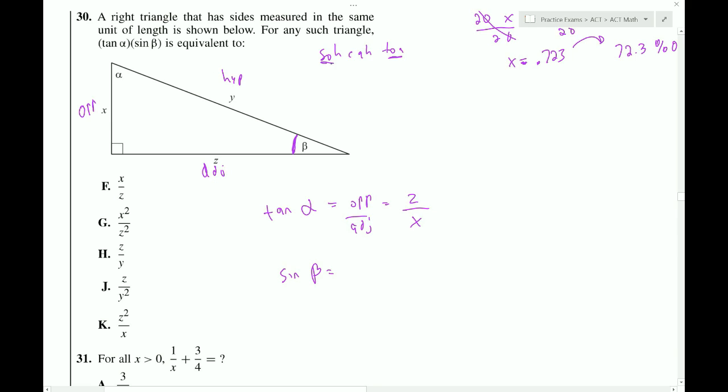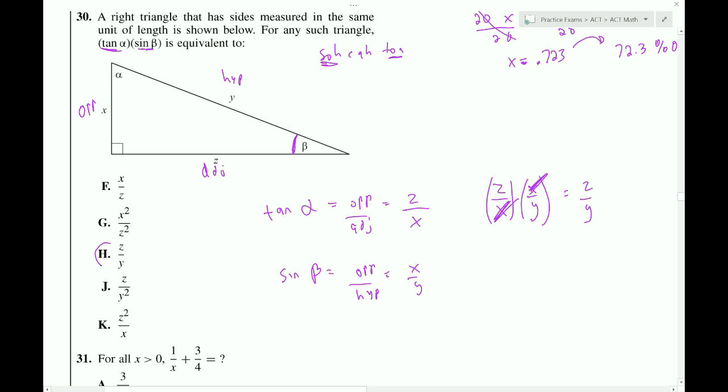For sine, we're doing opposite over hypotenuse, so from beta's perspective that would be x over y. Now our task is to multiply these results together: z over x times x over y. The x's cancel out, and we just end up with z over y. Is that a choice? Yeah, good.